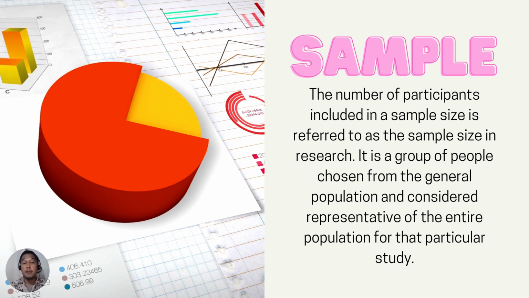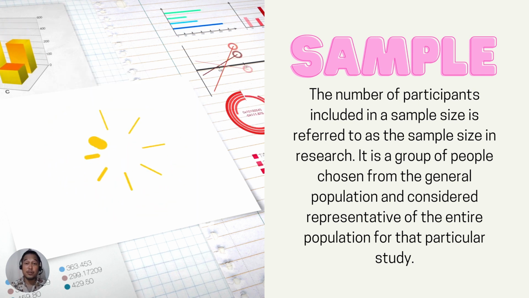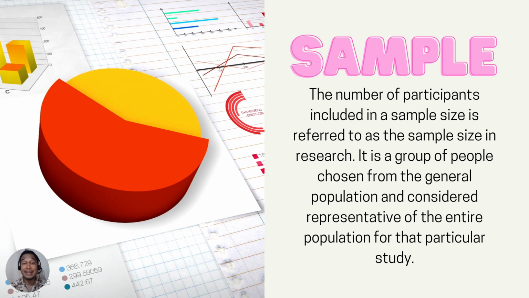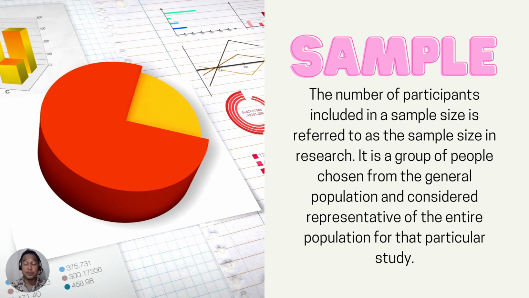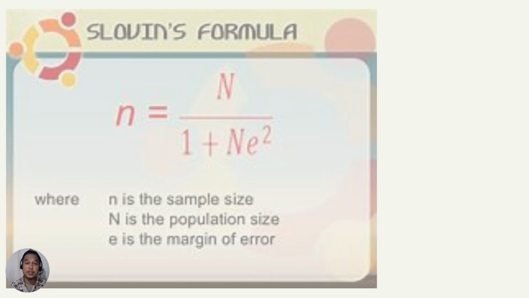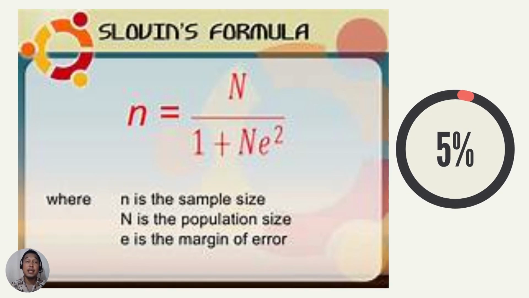And that portion of the population will represent the entire population. So why include everyone when you can get the same answer, or more or less the same answer, by just simply getting the sample size? Now the question is, how do we get the sample size, or how do we determine the sample size?